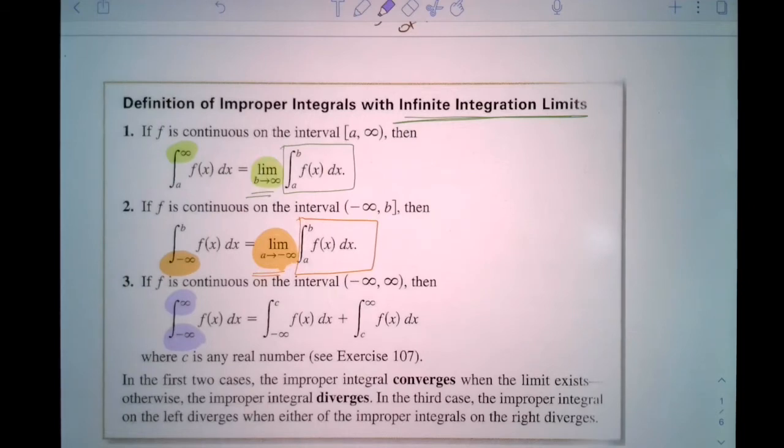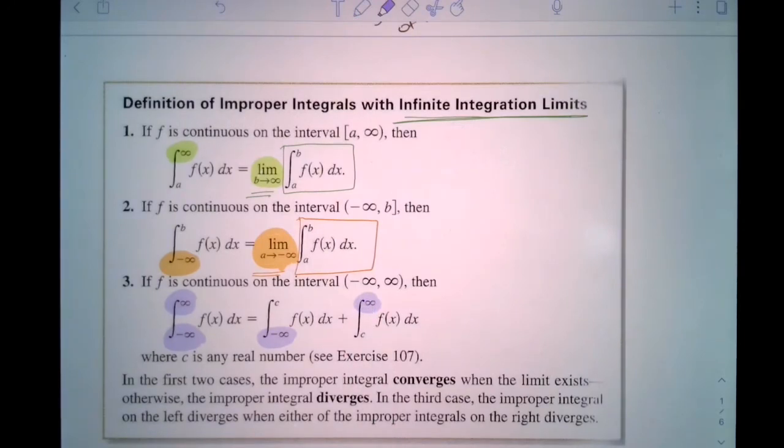So what you're going to have to do in this situation is create two smaller problems. One where you start from negative infinity, of course, and you stop somewhere. That c can be any number. It can be 0, it can be 1, it can be 14, whatever you want. But then you're going to add another integral where you start up where you left off. If you happen to choose 14 for your upper limit of integration here, you're going to choose 14 for your lower limit of integration there, and then go all the way to infinity.